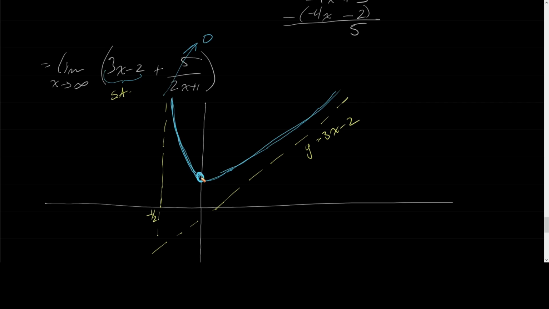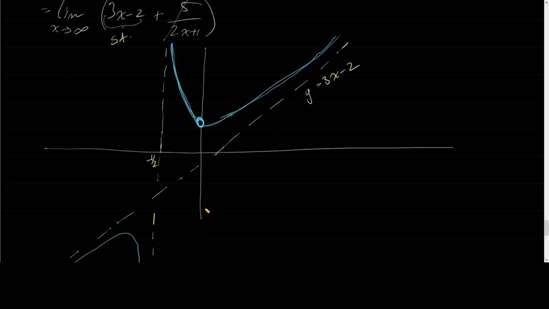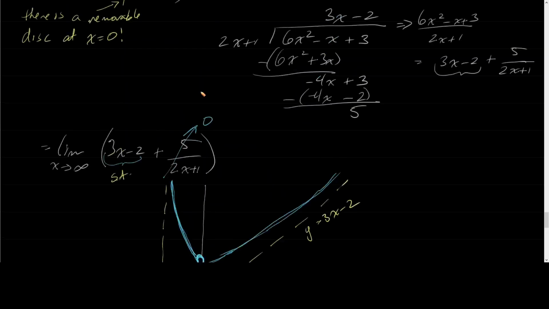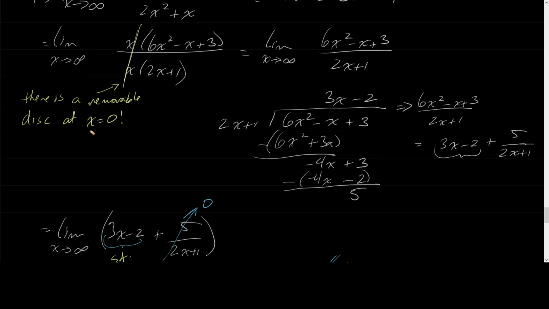So we have an open circle there. And there you go, that's what that looks like. But the difference here is this one actually has that hole there. That's the removable discontinuity that I mentioned up here at x equals 0.